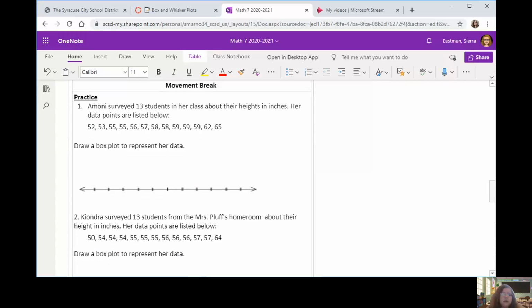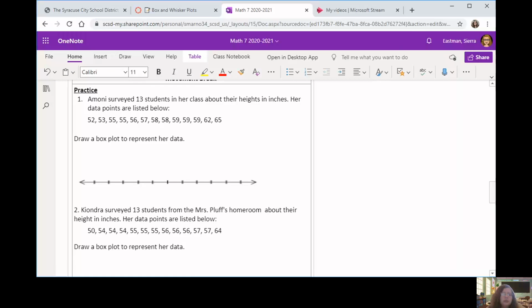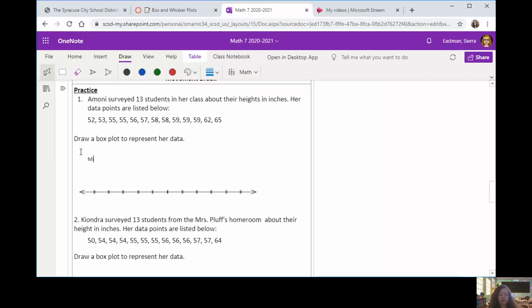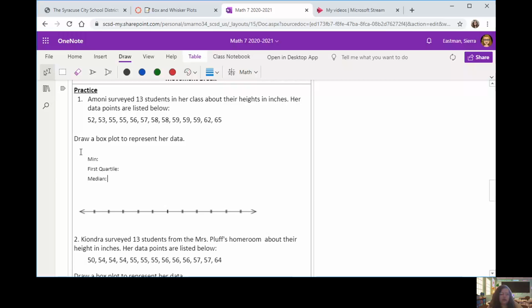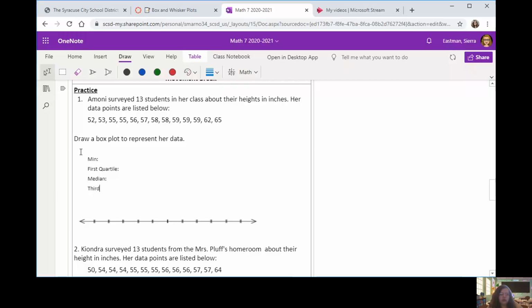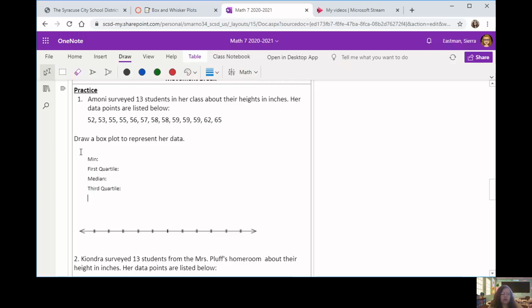Amani is doing a survey with her class. We can make a box plot finding those 5 main things, okay? So when you are doing this on your own, you want to find the minimum, the smallest number, the first quartile, the median in the middle, the third quartile, and the maximum, the biggest number.